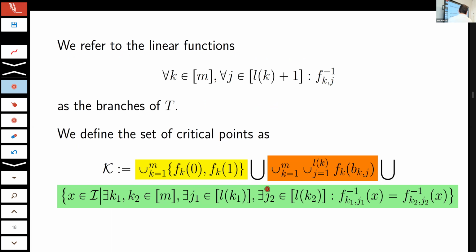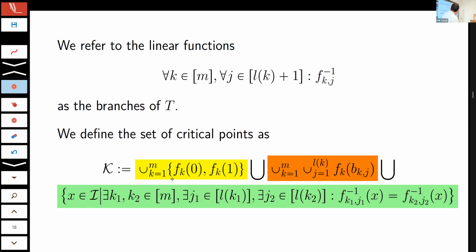And one more thing I need to define before I show you a simplifying diagram that will put everything in its place, which is the set of the critical points. My critical points are the union of three different sets. I call a point a critical point if it's the endpoint of one of the first cylinders. For simplification, I just assume that the supporting interval is the 0-1 interval, so we don't need even more notation for those endpoints.